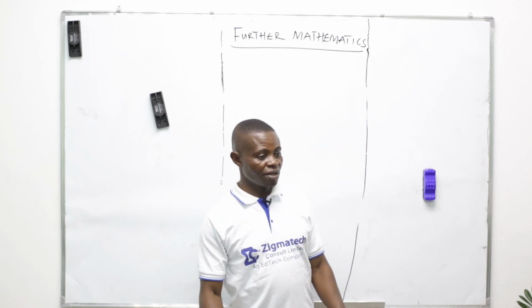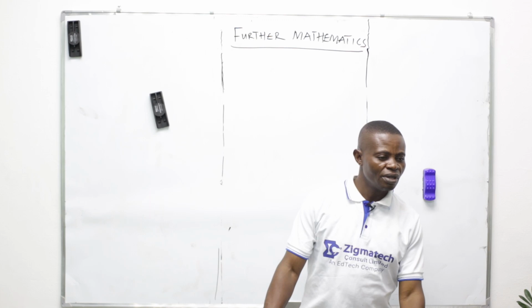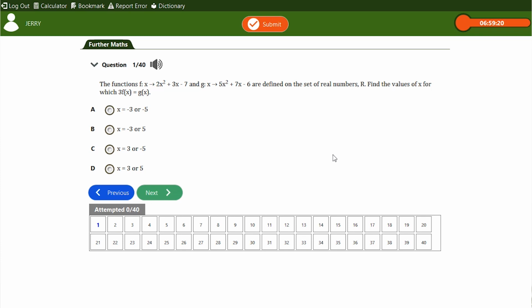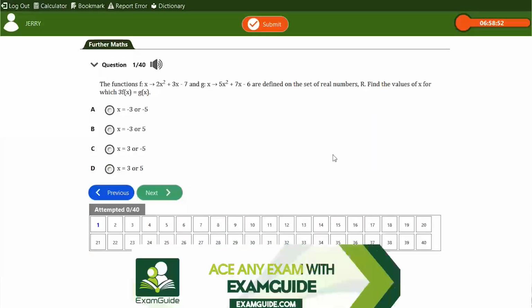Okay, this is a question on further mathematics, OBJ. We are starting with question number 1. The function f(x) = 2x² + 3x − 7, and g(x) = 5x² + 7x − 6 are defined on the set of real numbers.